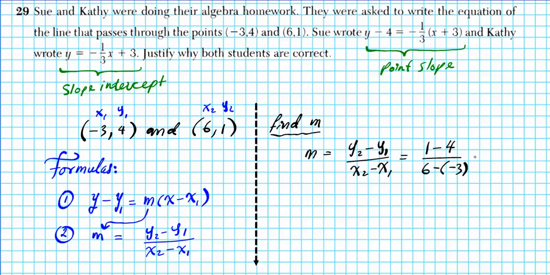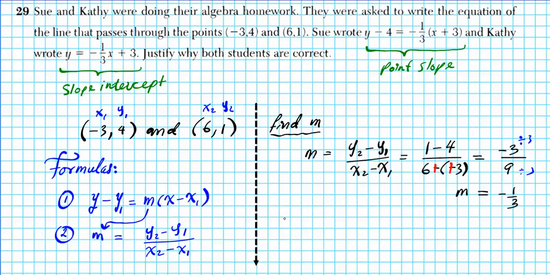If we carry out the computation, we end up with negative 3 over, minus times minus becomes a plus, positive 9. When you reduce by dividing top and bottom by 3, that's the GCF, you end up with negative 1 over 3 as your m.